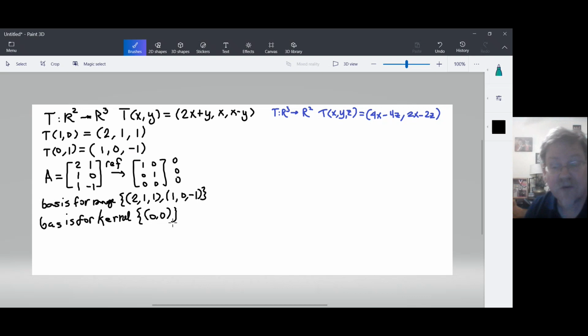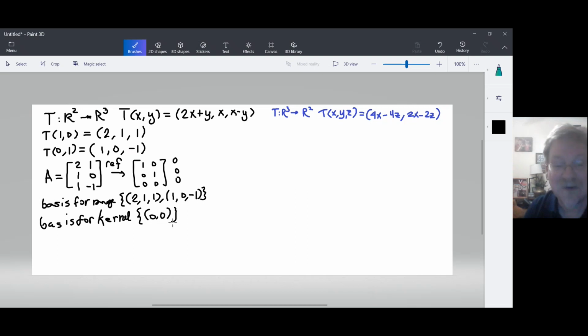So for this linear transformation, we have a basis for the range, so we know what the range is. We have a basis for the kernel, so we know what the kernel is. And we know the transformation is not one-to-one, but it is onto. I said that backwards. It is one-to-one, but it is not onto.